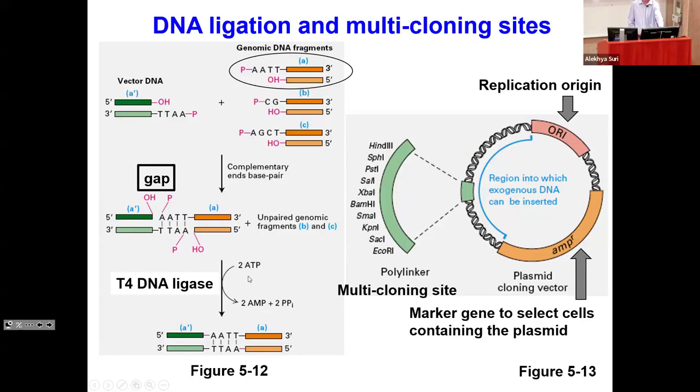They will find each other, and you will see base pairs. But a little gap is left here because the phosphate group of the 5' end would not be connected to the plasmid DNA. So this gap is not good when you bring this into bacterial cells.